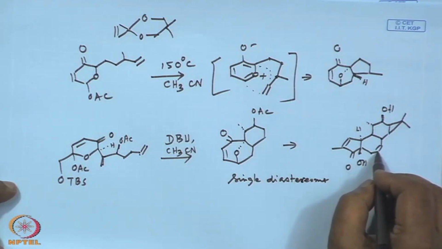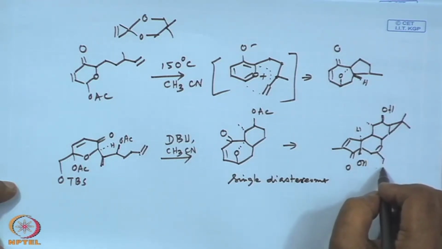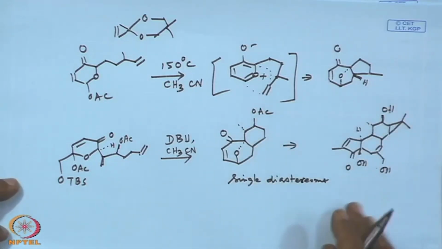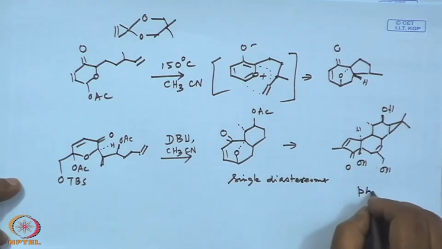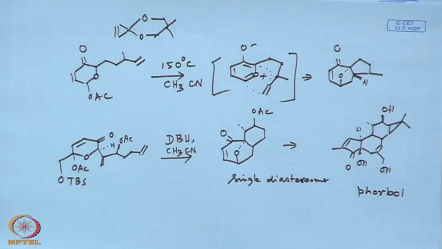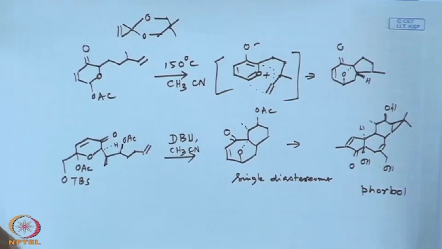Then you have a double bond here, then this OH, and many things. And what is it? It is a very famous molecule, known as phorbol, and it is basically a lead compound for anti-cancer and anti-HIV activities.